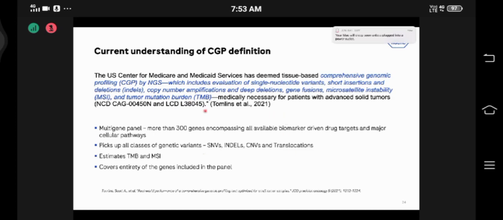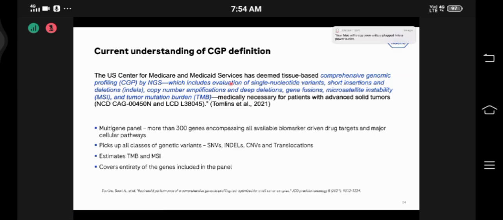I think this would be a good definition to include if asked in theory what comprehensive genomic profiling is. Ideally it should be a multi-gene panel with more than 300 genes encompassing all the available biomarkers responsible for drug targets and major cellular pathways.